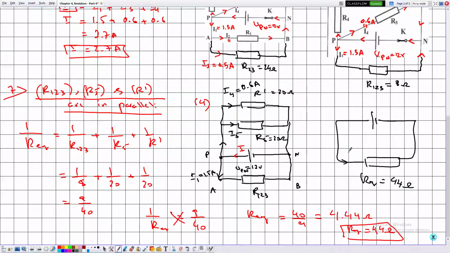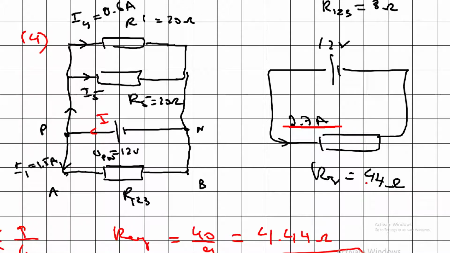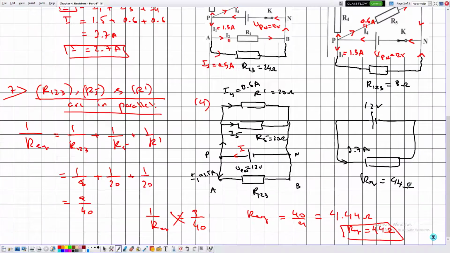Now the current that we have calculated is given by 2.7 amperes and the voltage is given by 12. And actually, in order to verify the following results, since we have calculated them in an independent way, let's try to multiply 2.7 by 4.44 ohms.